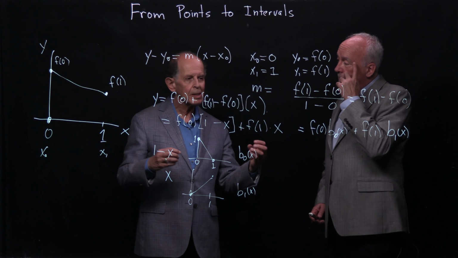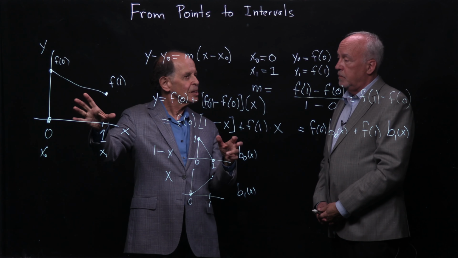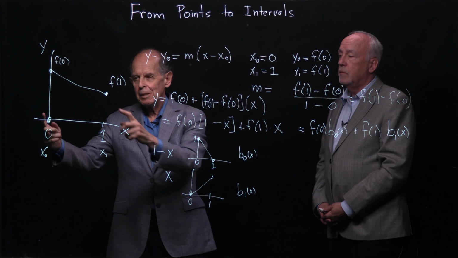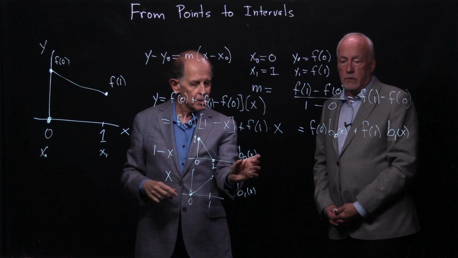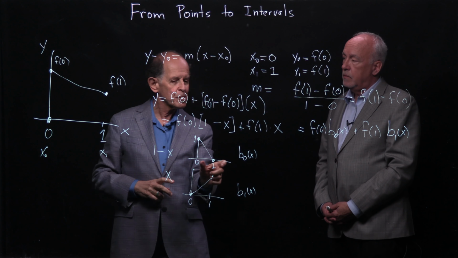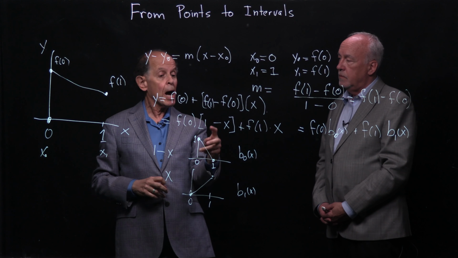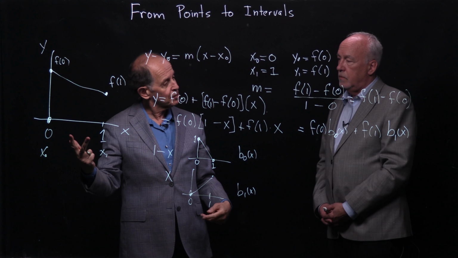So now we're shifting our philosophy to working not just at endpoints, but with values throughout a whole interval. These basis functions are sitting on the interval 0 to 1, and we have two basis functions and two conditions.